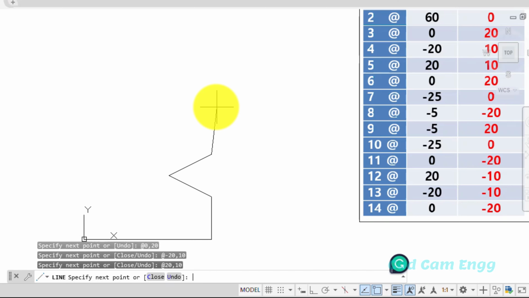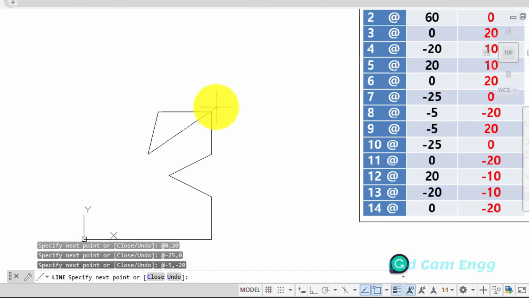Next, point number 6: @ 0, 20. Point number 7: @ minus 25, 0. Point number 8: @ minus 5, minus 20.